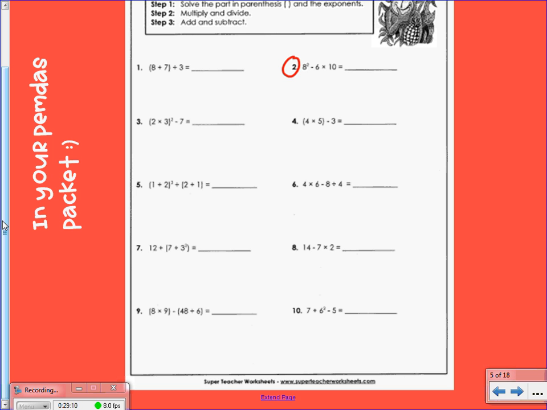What is 8 to the second power? It is not 8 times 2. Remember, that's like the biggest mistake with exponents. It is 64. And you have to rewrite everything else.